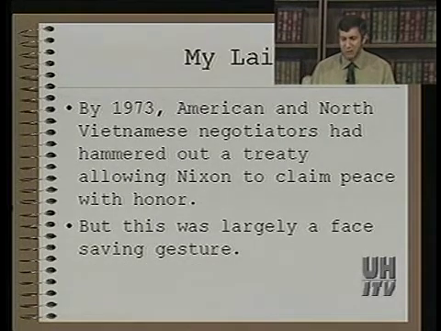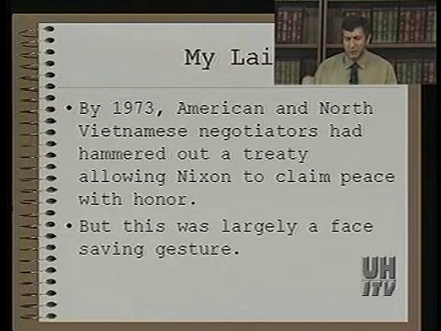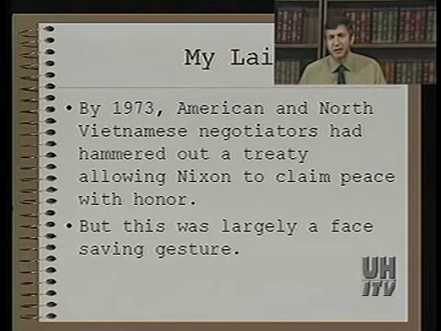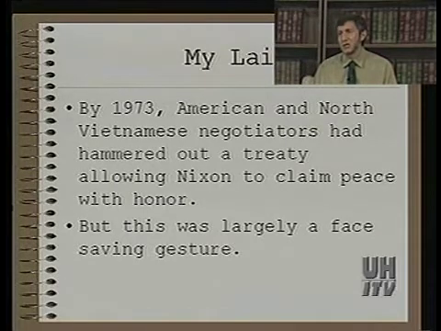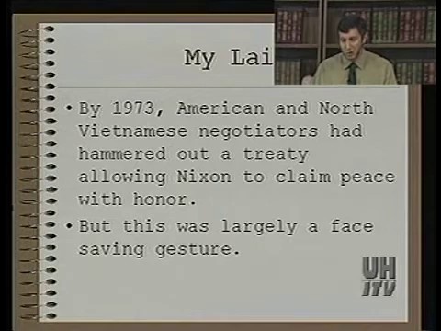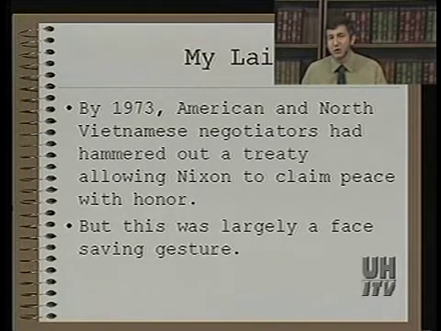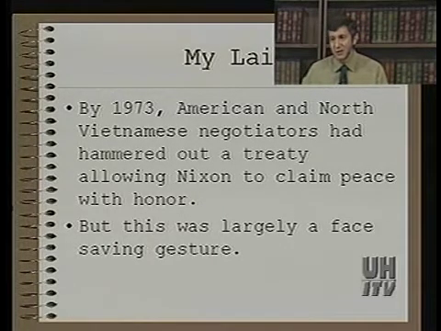By 1973, American and North Vietnamese negotiators had hammered out a peace treaty that allowed Richard Nixon to claim peace with honor, but it was clear that this was largely a face-saving gesture.